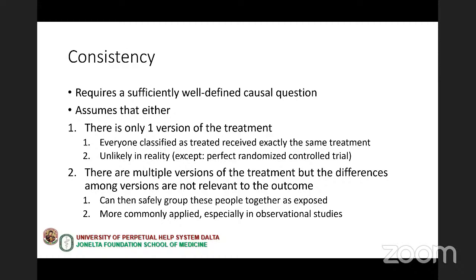As I've mentioned, there's no perfect RCT. Or there are multiple versions of the treatment, but the differences among versions are not relevant to the outcome. So you have your standard deviations, but it's not statistically significant, and then you can safely group these people together as exposed. This is more commonly applied, especially in observational studies. Consistency.